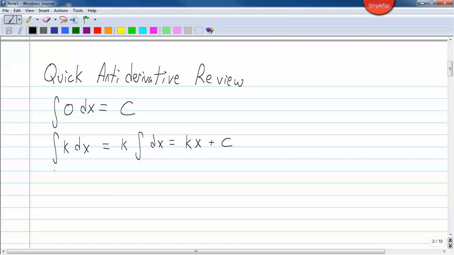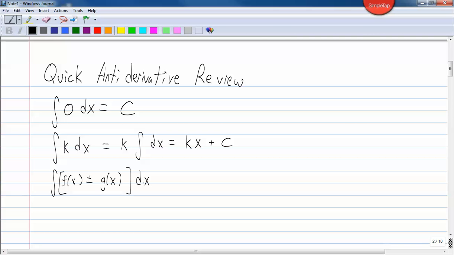If you take the integral of multiple terms, you may have one function plus or minus some other function, and the functions can be anything. That could be an x and an x squared, that could be a 2 minus x, whatever. They can be simple functions or complicated functions.